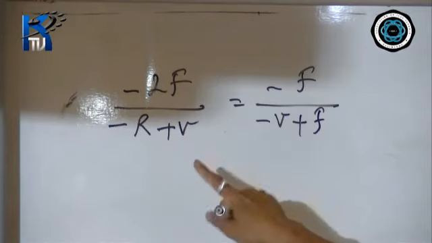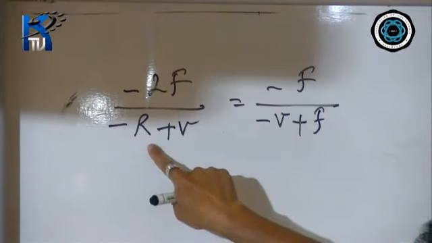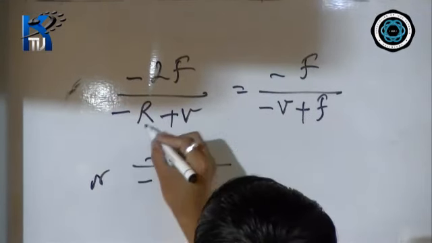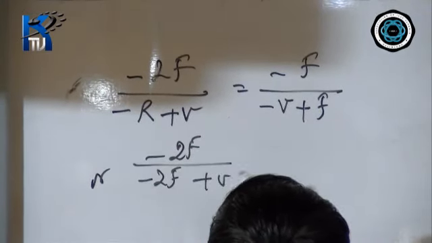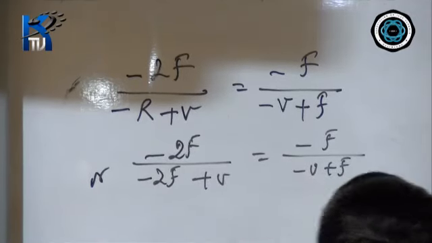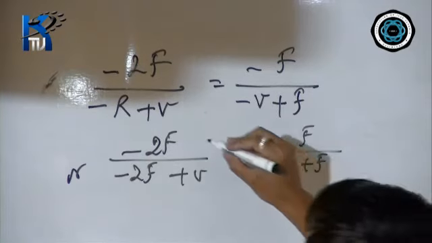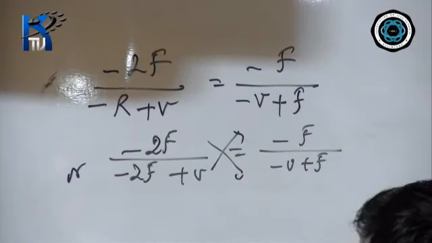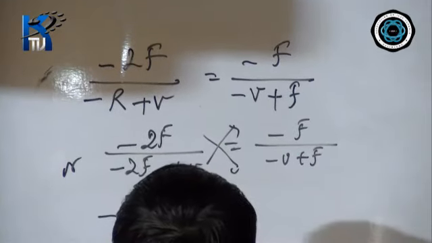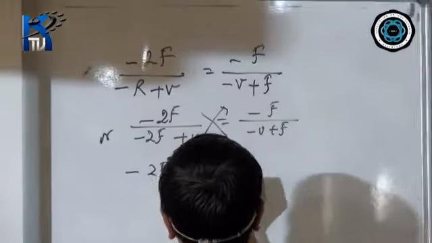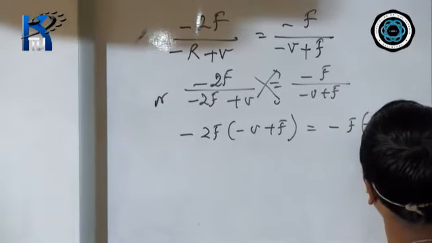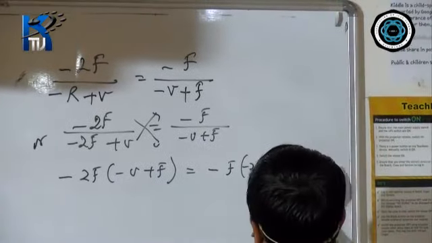Okay, now the relation is basically with F, so again I replace R by 2F: minus 2F plus B equals minus F by minus B plus F. Now let me do the cross multiplication: minus 2F into minus B plus F equals minus F bracket minus F plus 2F plus B.